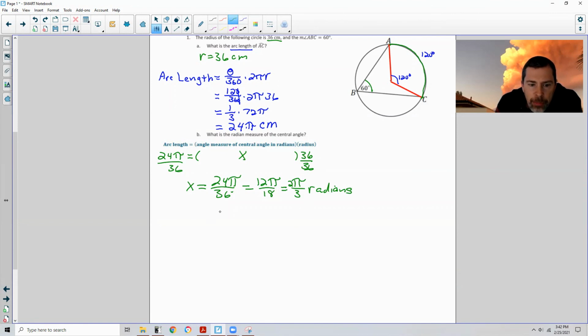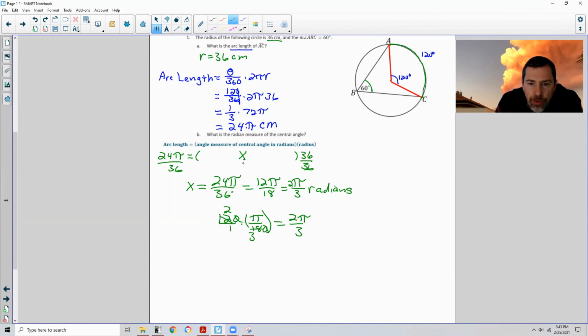Now remember what I said before, if you have an angle measure 120 degrees and you think of that as over 1, and you multiply it by pi divided by 180, watch what's going to happen. These zeros cancel, and 6 will go into 12 2 times, and 6 will go into 18 3 times, and we get the same 2 pi over 3.